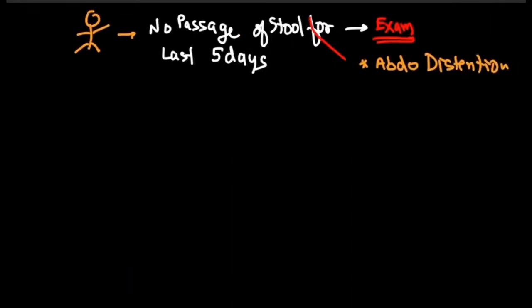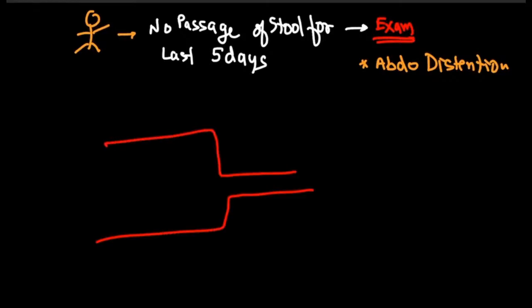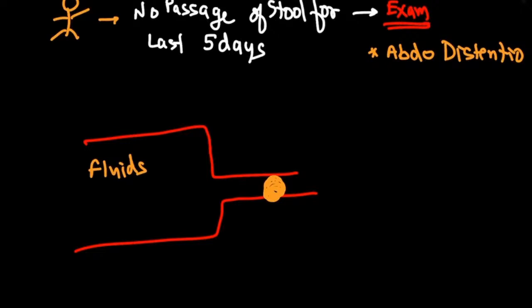Now, what is happening in this particular patient? Let's assume this is a patient who is suffering from an intestinal obstruction. There is some obstruction which the body cannot overcome, and because of this the fluid accumulates in this particular lumen and it is distending up.